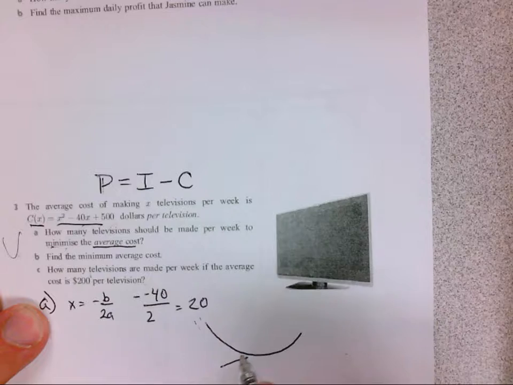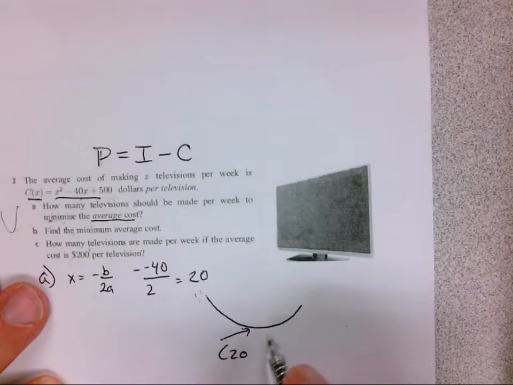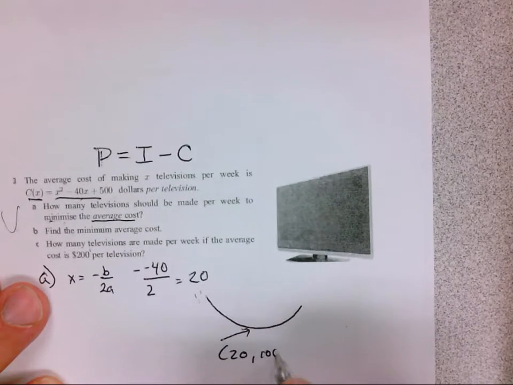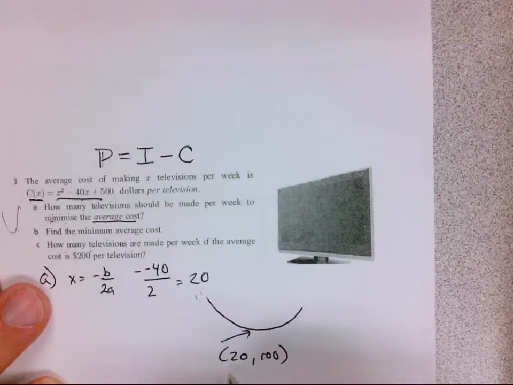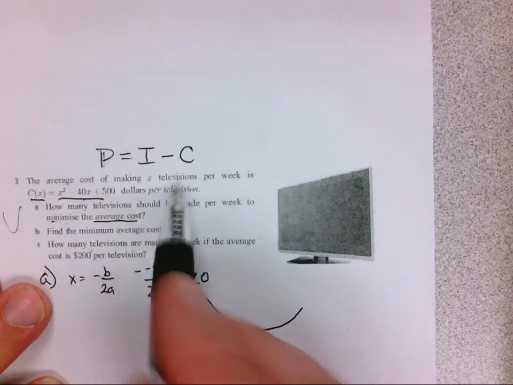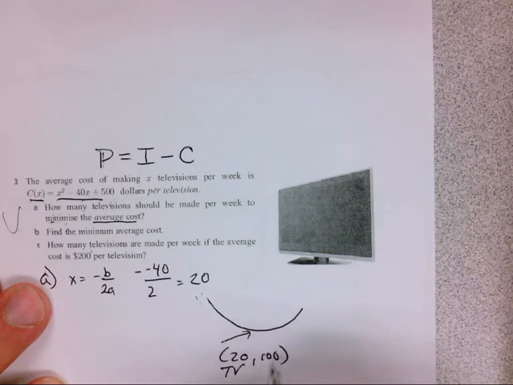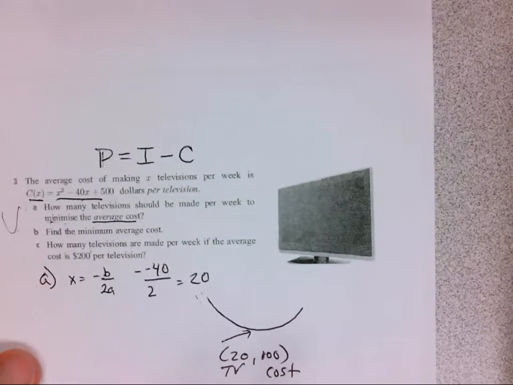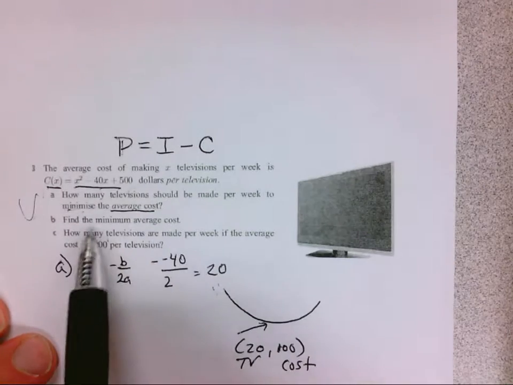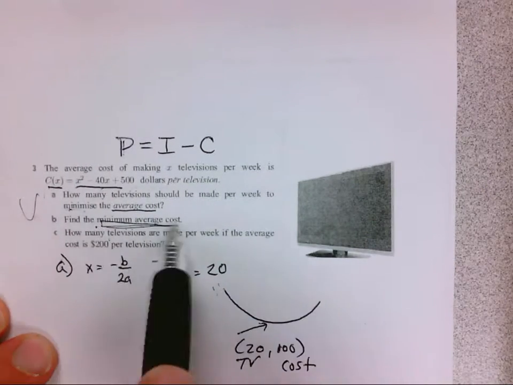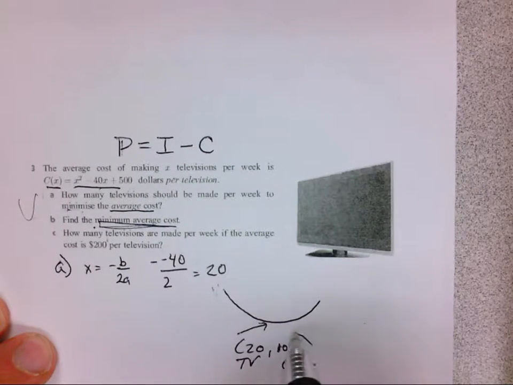So the vertex is at 20,100. And the x, go back to the problem, that's the number of televisions, and 100 is the cost. That's the y value, that f of x. So now you should be able to answer the question. Find the minimum average cost. It doesn't say television. The minimum average cost is 100.